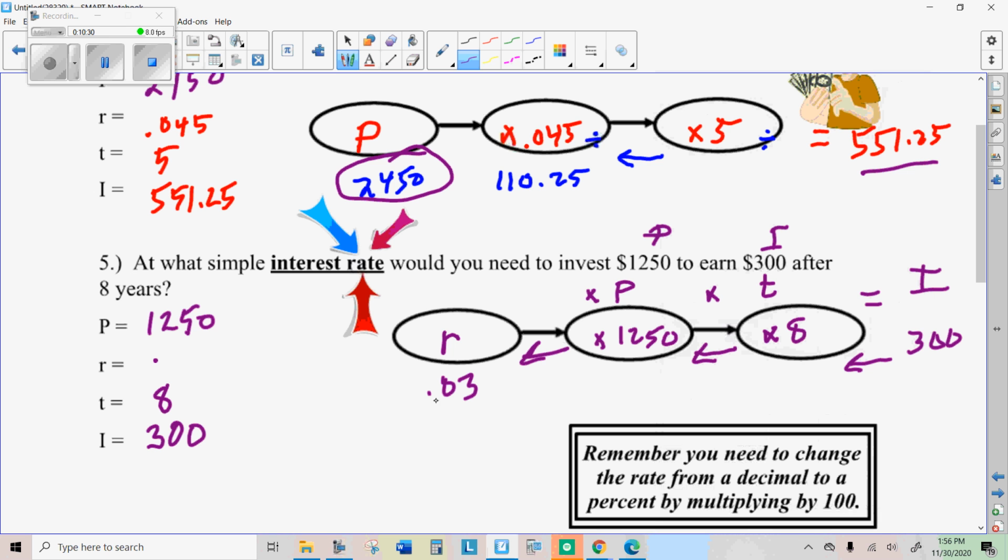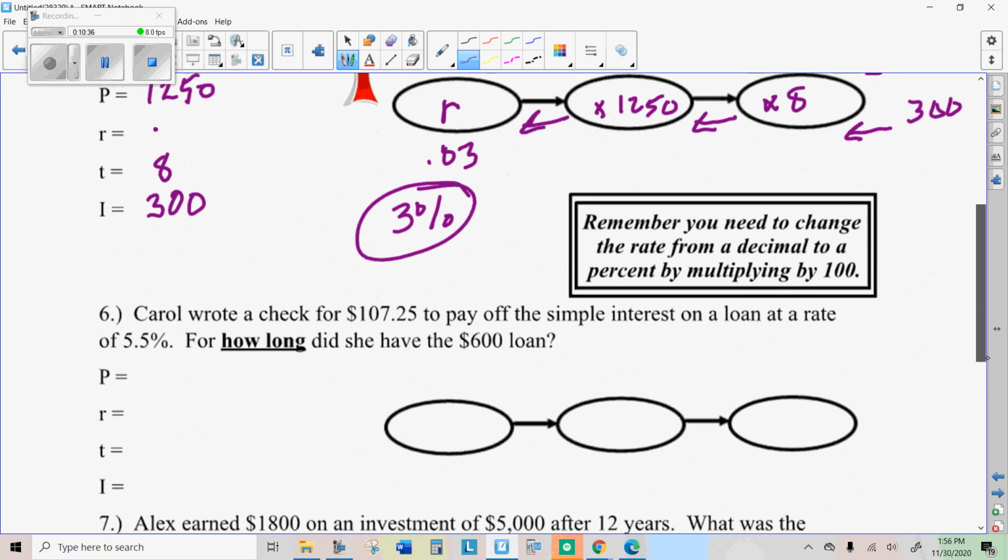And then you just have to interpret that. That would mean 3% interest. All right. Why don't you try that one?